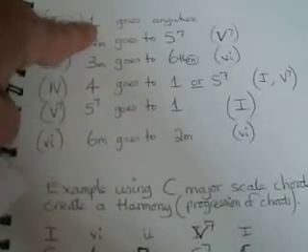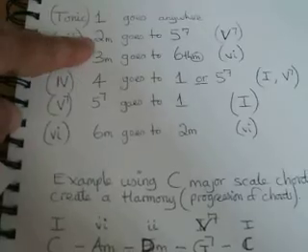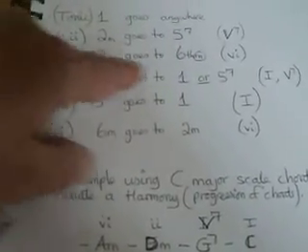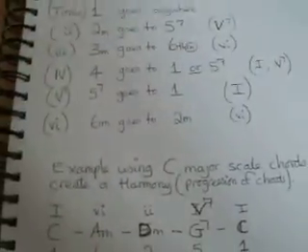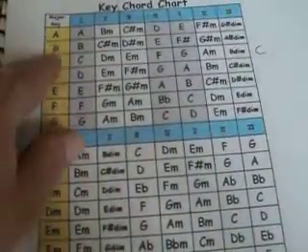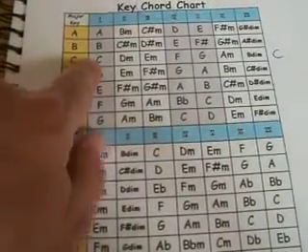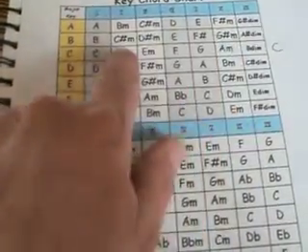Now the first goes anywhere, and the second will want to go to the 5th, the third will want to go to the 6th, and so forth. Obviously what we mean by that is the first, the C, can go anywhere, so you can just pick any of those.